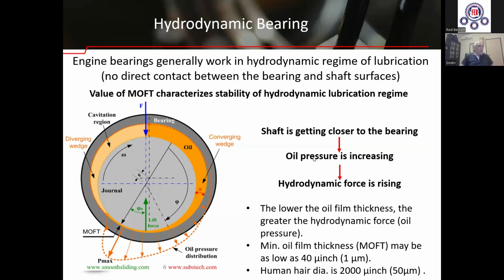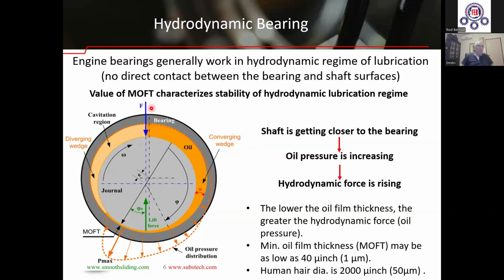When the shaft rotates, it causes the oil to flow around the bearing and out of it in this direction. I would say that a hydrodynamic bearing works as an oil pump. Oil is being continuously fed into the bearing and continuously leaking out of the bearing.